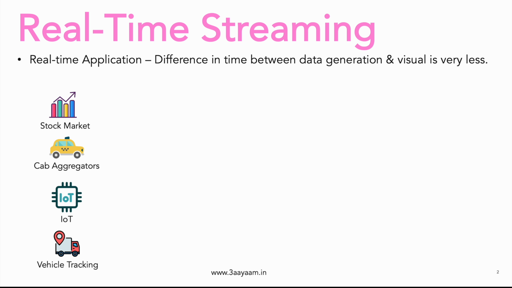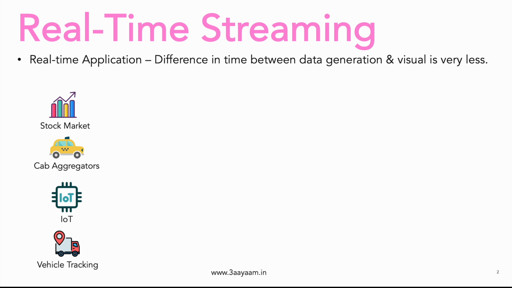Now, of course, there are other applications also which can be considered part of real-time applications. All of these applications are considered to send data in near real time, and the visualization of data should also be in near real time. Typically, near real time can be anywhere from a few seconds to a few tens of seconds.